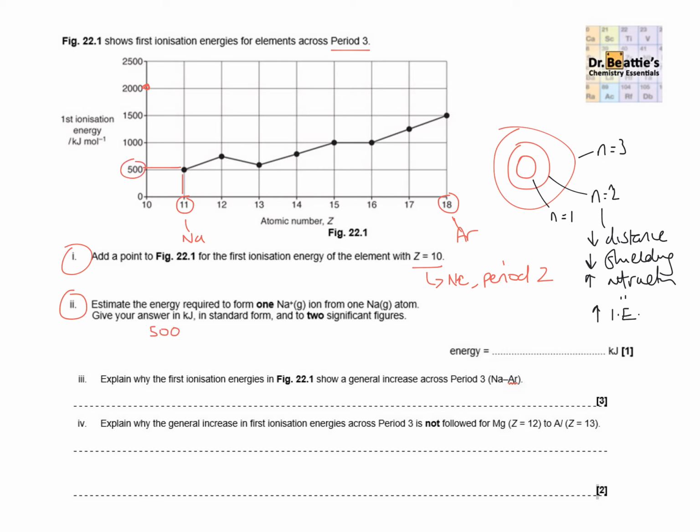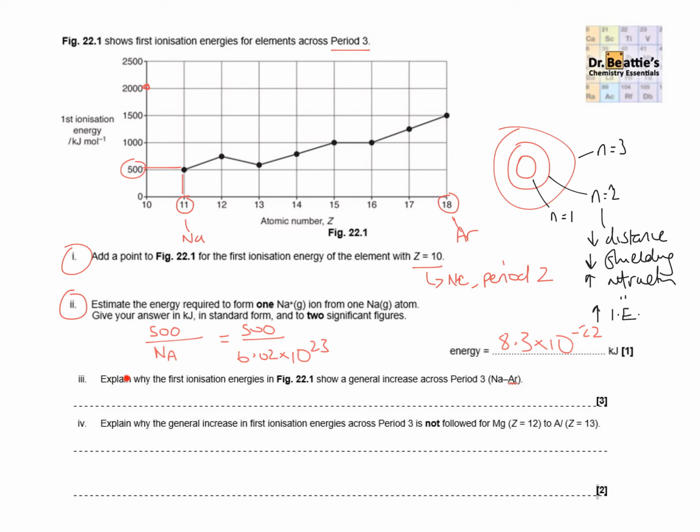So we take that 500, we divide by Avogadro's constant, Na. This is found on your data sheet, so you don't need to worry about learning that. And then when you do that, you get the answer 8.3 times 10 to the minus 22. And it's such a small number because it is per atom.